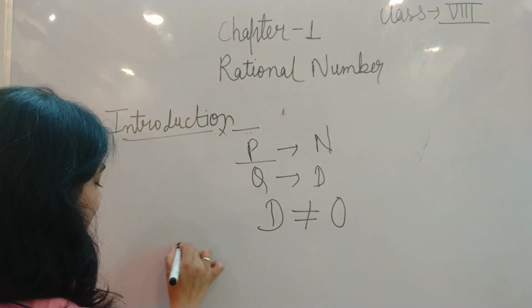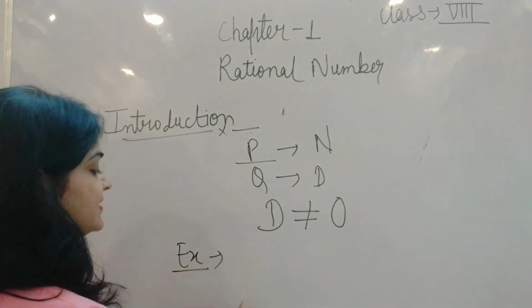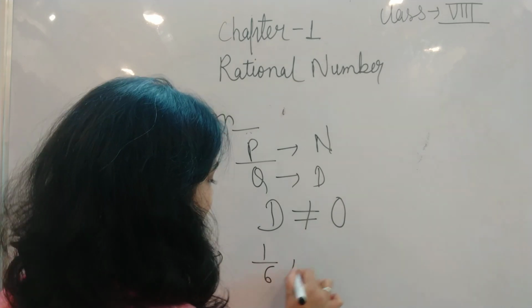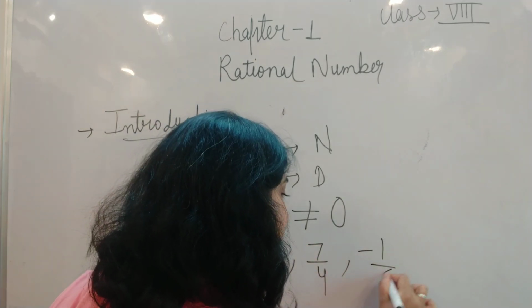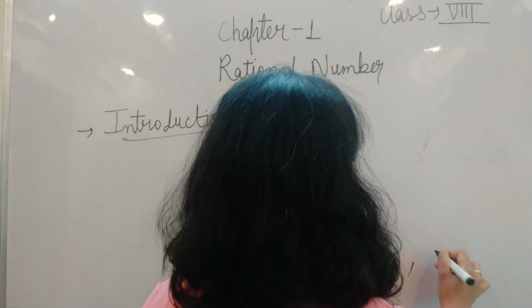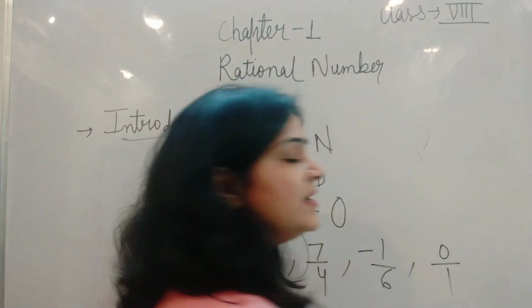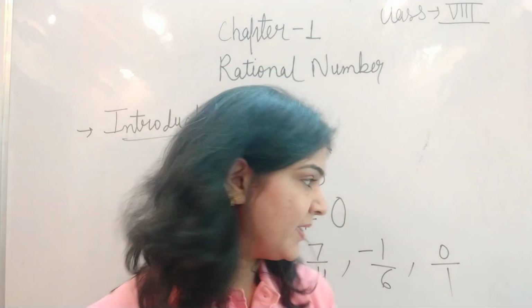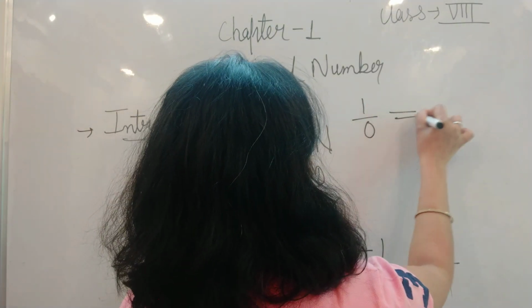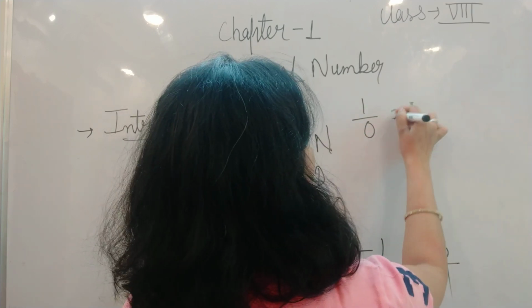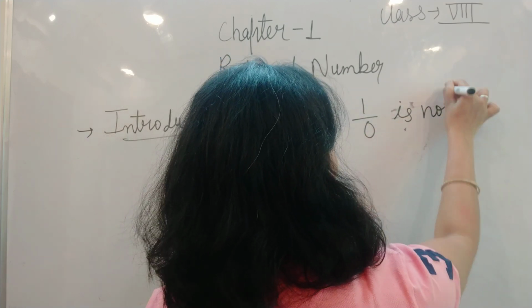For example, 1 by 6 is a rational number, 7 by 4 is a rational number, minus 1 by 6 is a rational number, 0 by 1 is also a rational number, but 1 by 0 is not a rational number.